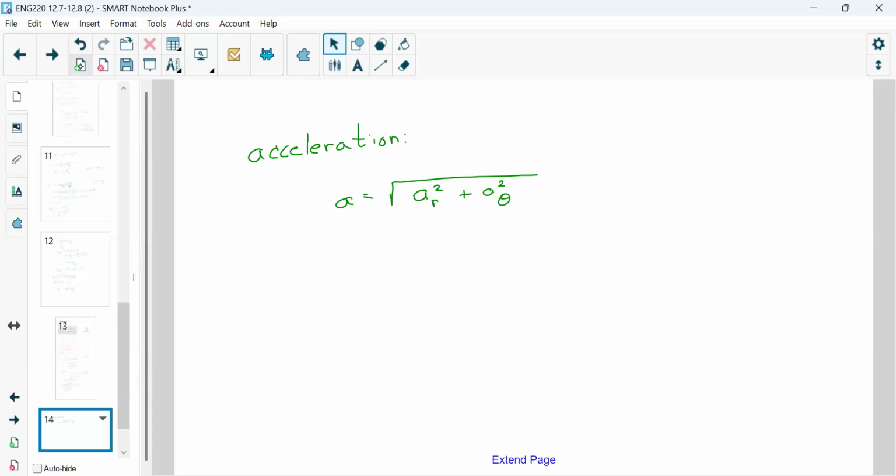A sub r is then r double dot minus r theta dot squared. It's only one dot, right? Yes, theta dot squared, single dot.